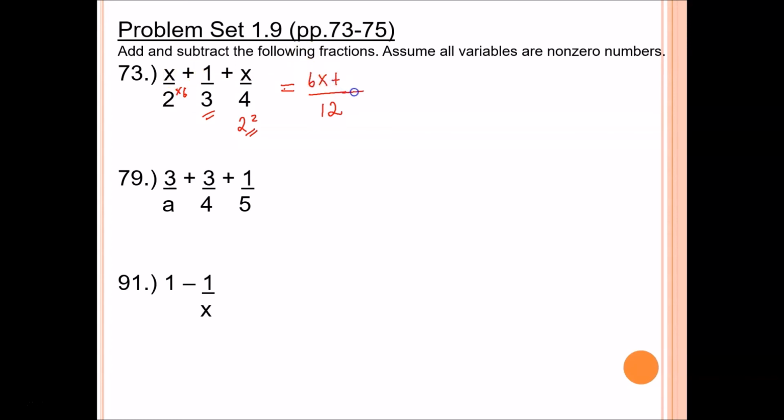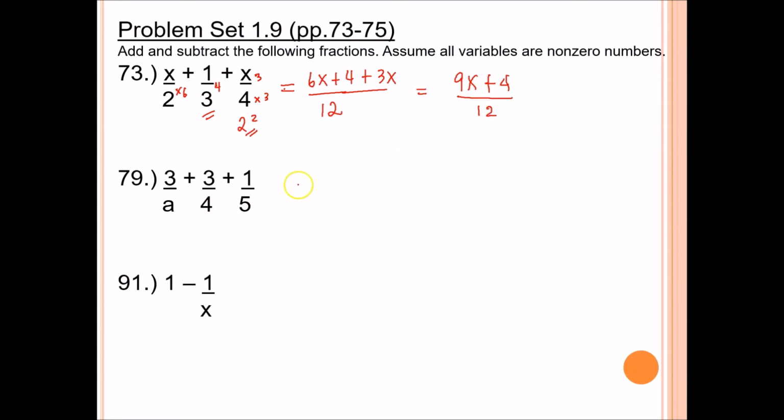The second term we multiply by 4. So this will be 4. And the third term will be multiplied by 3. So this will be 3x. Okay, now let's combine like terms. 6x plus 3x is 9x. Then plus 4 divided by 12.